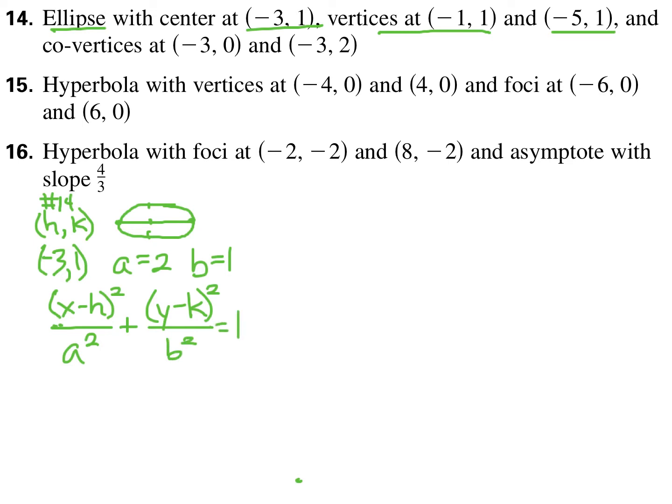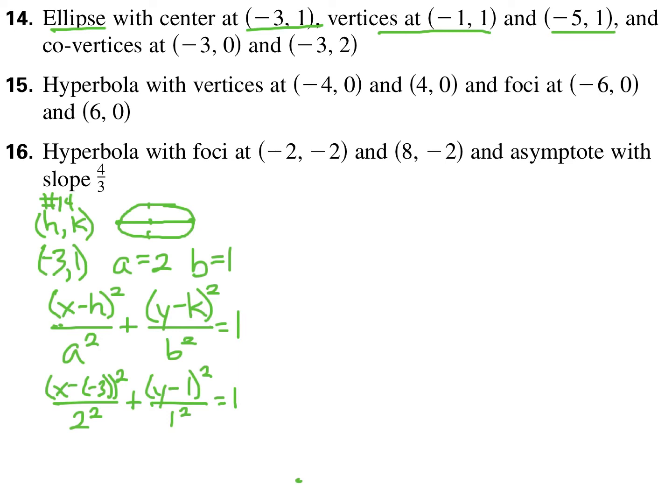We know our h and k are -3 and 1, and we know a is 2 and b is 1. So we just plug everything in. So x minus -3 squared over 2 squared plus y minus 1 squared over 1 squared equals 1.